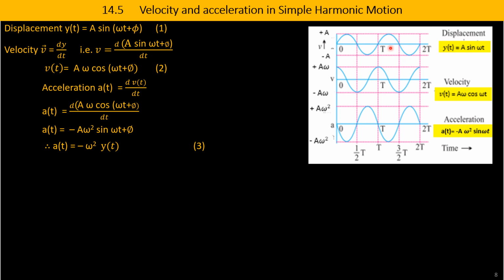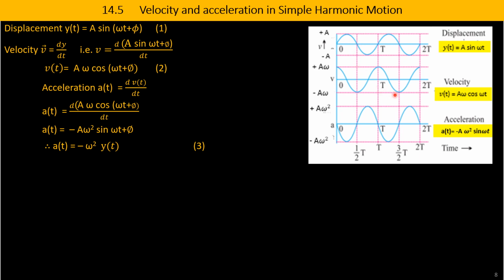Therefore, the plot is shown here. It has a maximum. The amplitude is plus A to minus A, and T is the time period. So y of t varies from plus A to minus A, and the minimum value is 0.